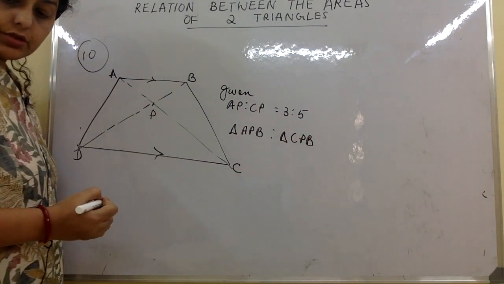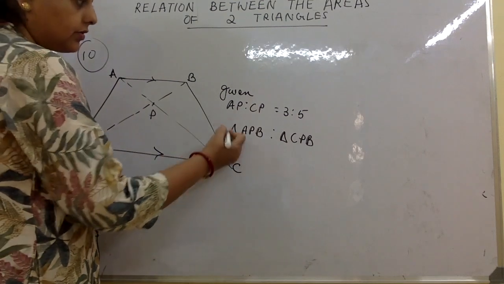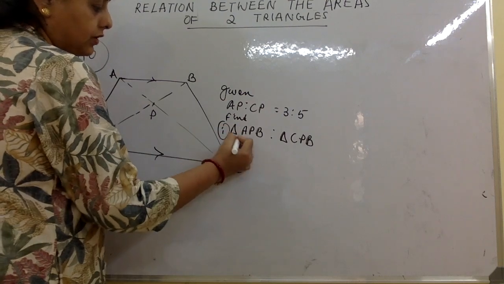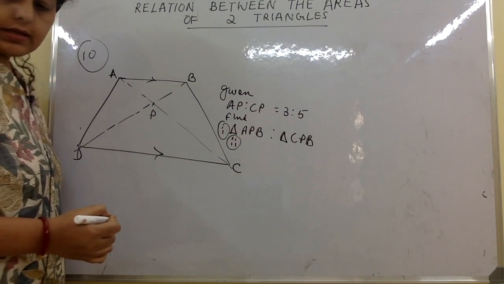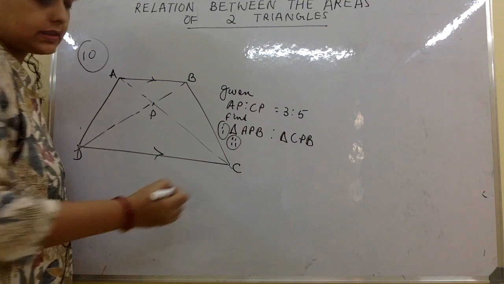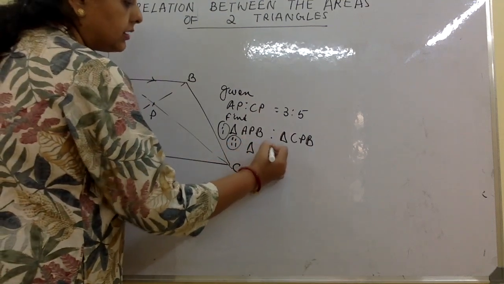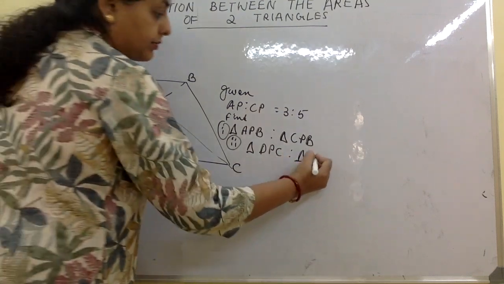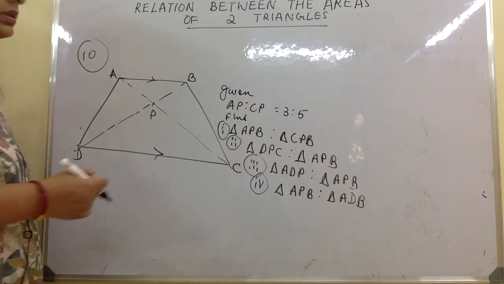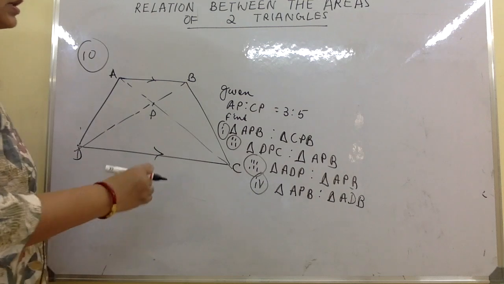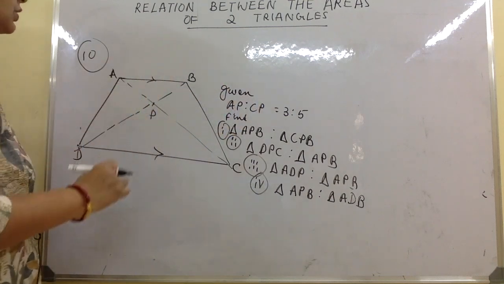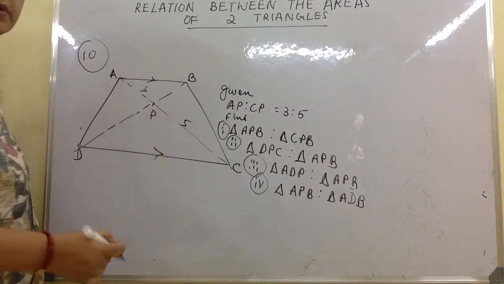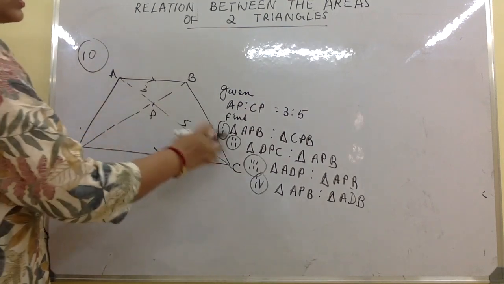Then second, we'll have to find triangle DPC is to triangle APB. So these are the things we have to find when AP is to CP is 3:5. AP is to CP, this 3:5 is given to us.